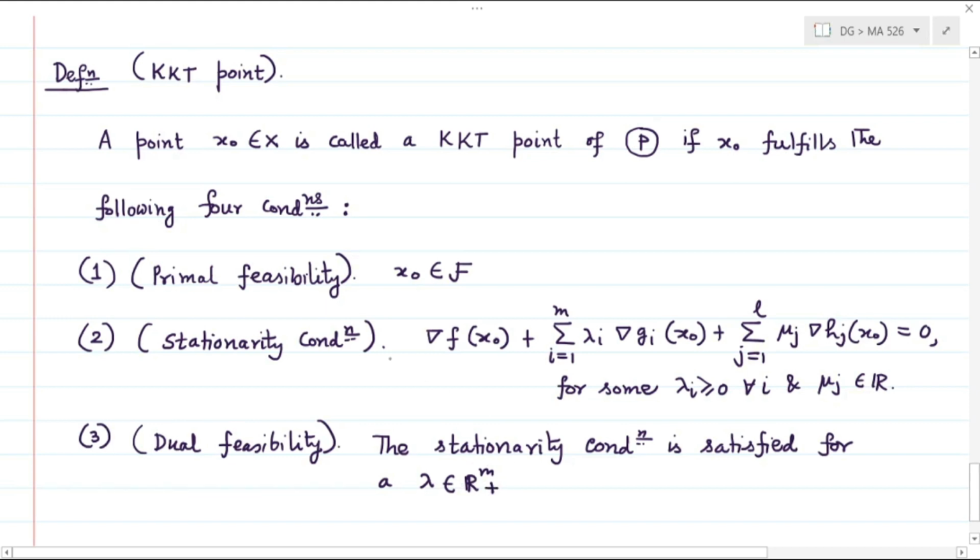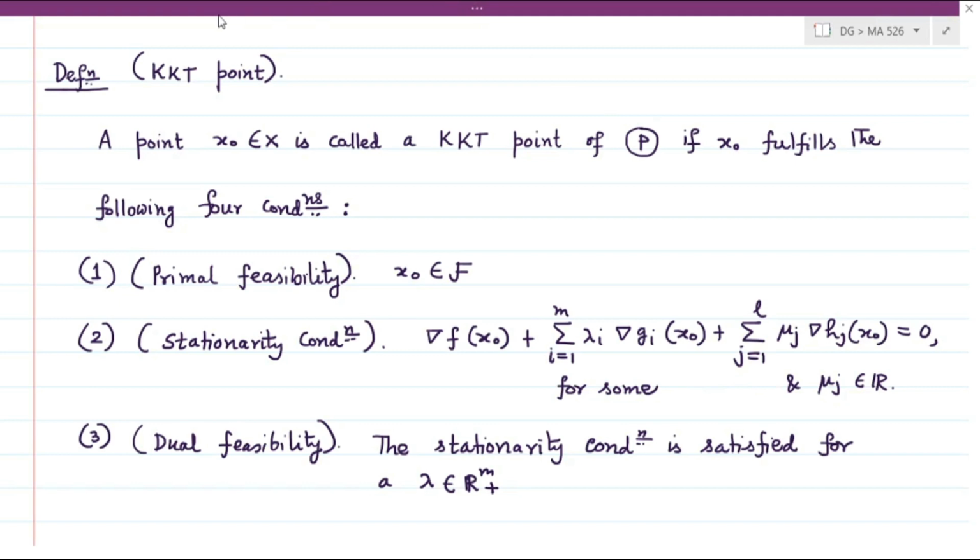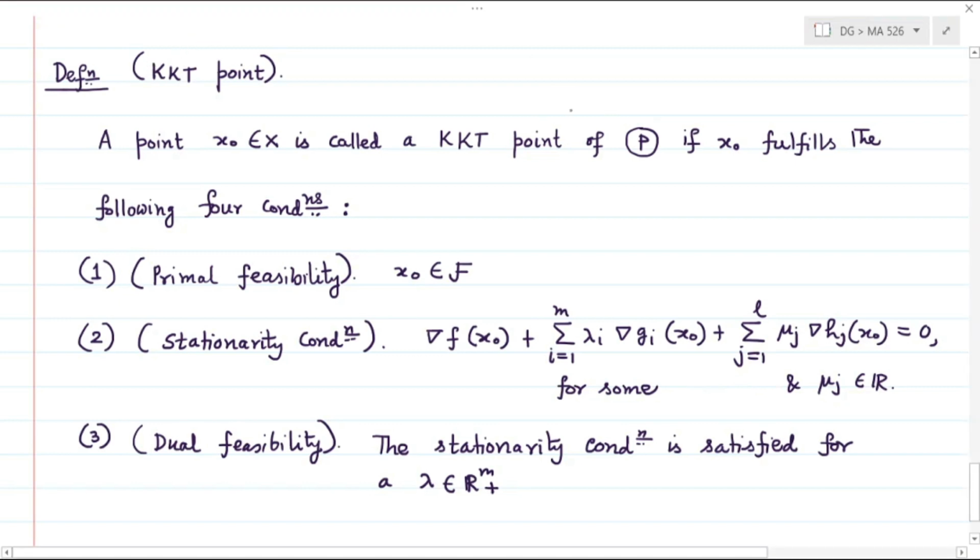Although it is already taken in the stationarity condition, let me remove it from the stationarity condition, so that it says: for some lambda_i and mu_j you have this equality. That would be more appropriate. This is called stationarity.